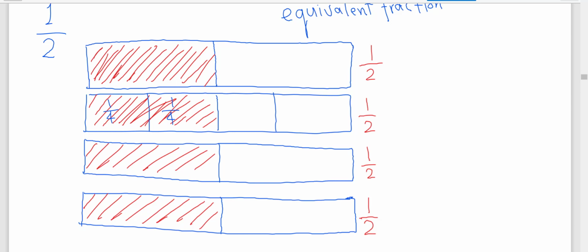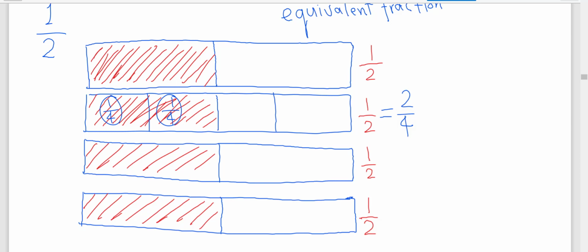Now, how many fourths make 1/2? Count. 1, 2. So we need 2/4 to make half. So half equals 2/4.